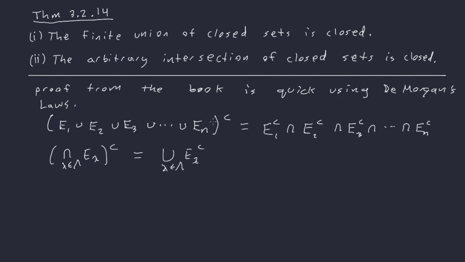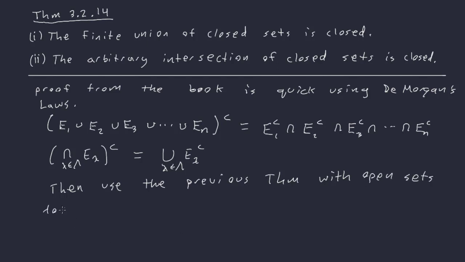Okay, so that is the quick proof that they outline, that basically you can just apply De Morgan's laws and then use the previous theorem with open sets to complete the proof.